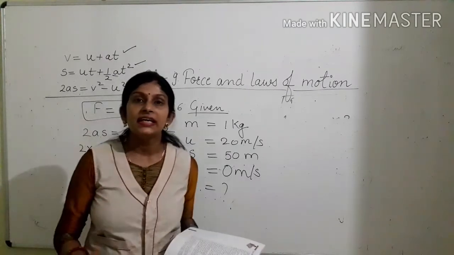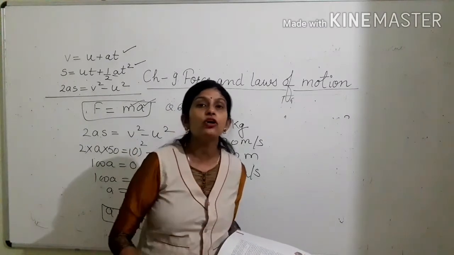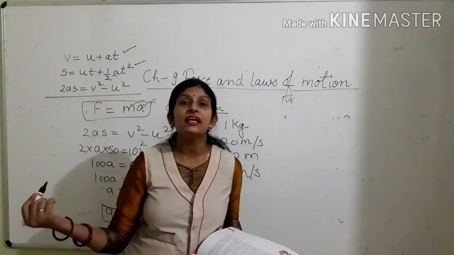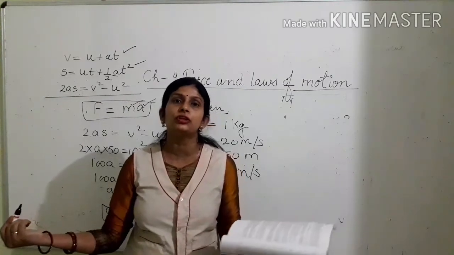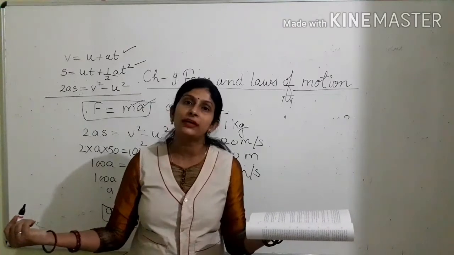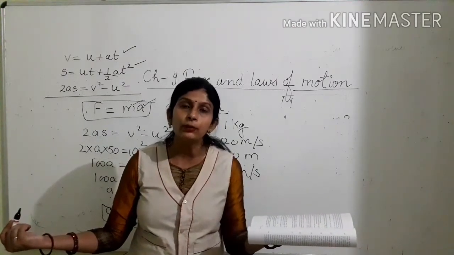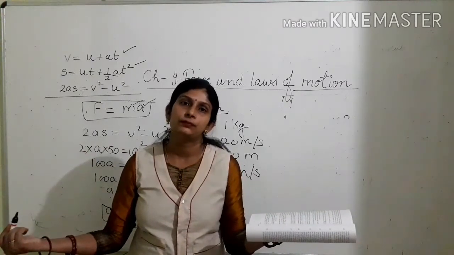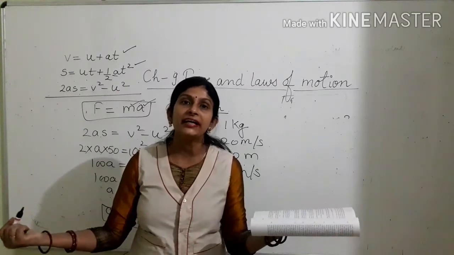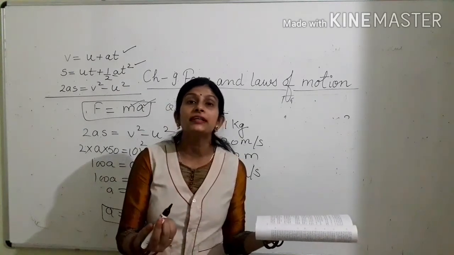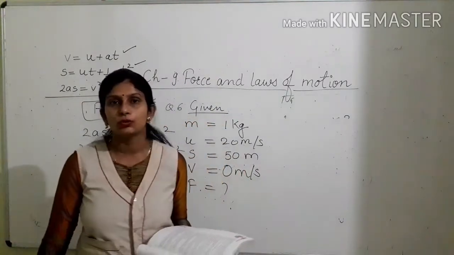So obviously, if a frictional force, an opposing force, acts on the stone in the direction opposite to its motion and reduces its motion, it will produce a negative acceleration, a retardation, a deceleration, which is produced in the direction opposite to the direction of the motion of the stone.